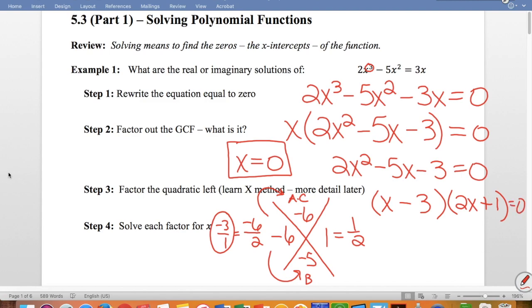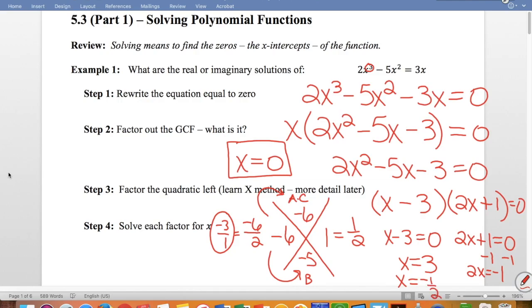Now I can again use my zero product property and say x minus 3 equals 0, or 2x plus 1 equals 0. So I know that x equals 3. There's solution 2. And over here, I subtract 1 from both sides, divide both sides by 2, and I get x equals negative 1/2. And there's solution 3.